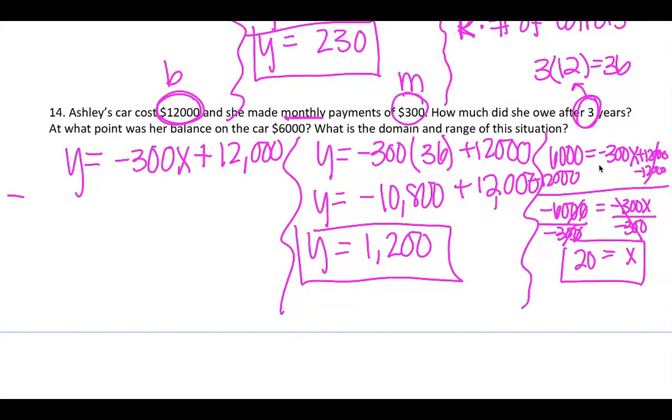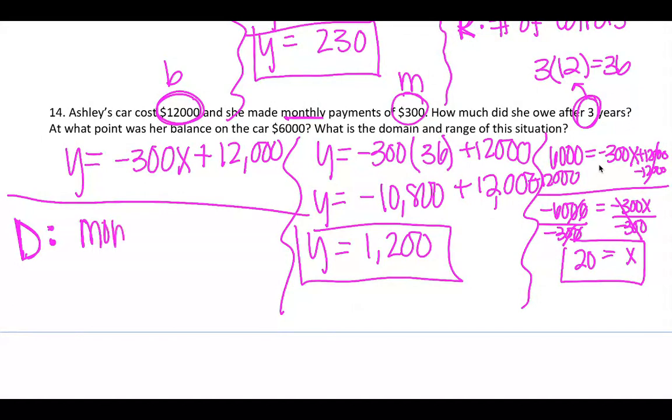Then it asks for the domain and range of the situation. Your domain is your x value. It's independent. That would be your monthly payments, right?